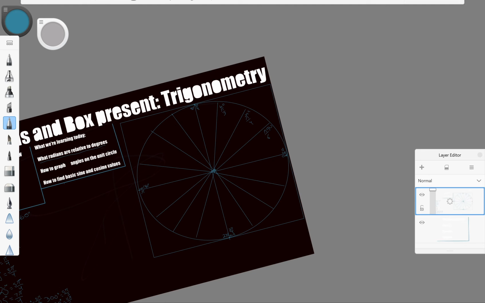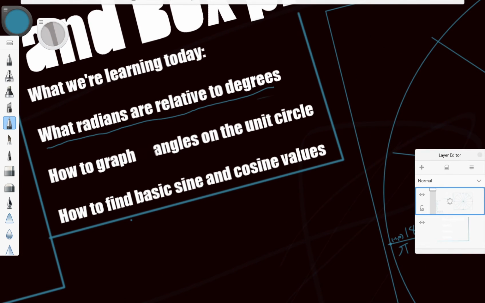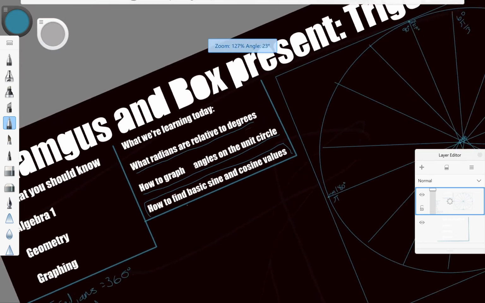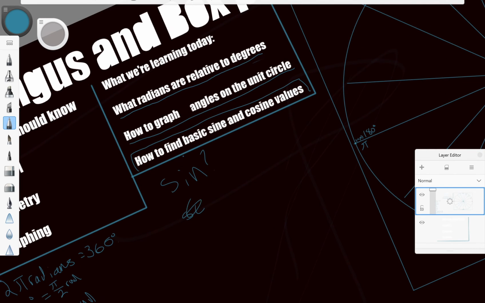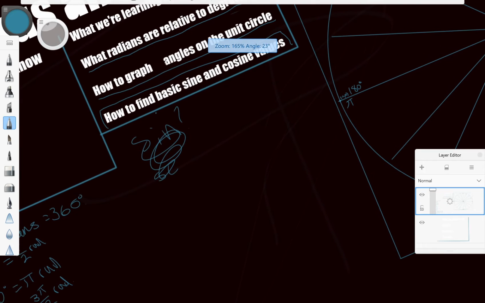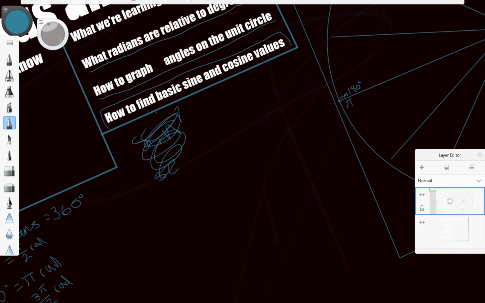Now, the real trigonometry. How to find basic sine and cosine values. Let's go over what sine is on the unit circle. I'll give it to you in its general form, and I will give it to you in the unit circle form.